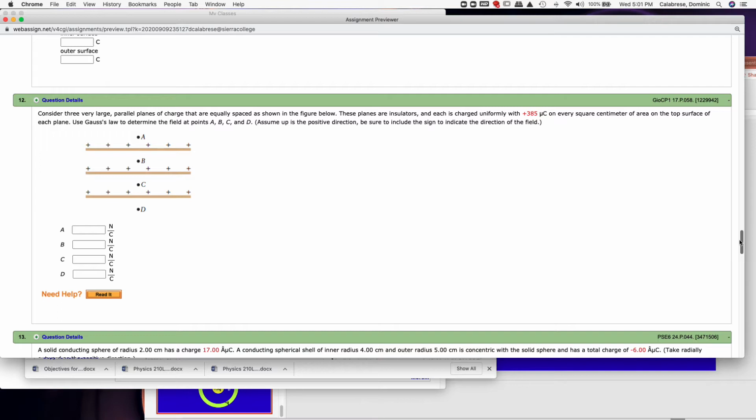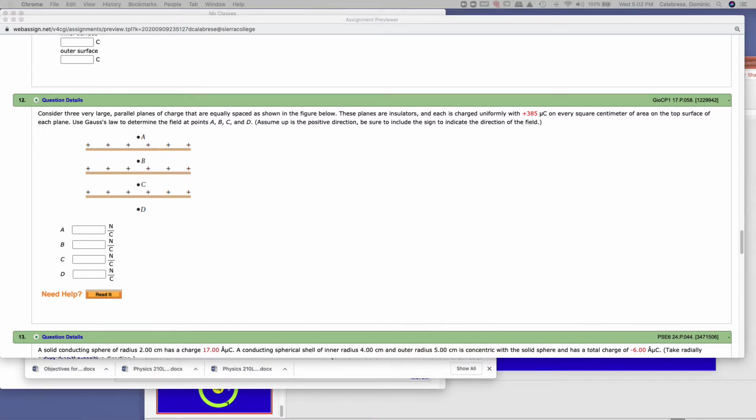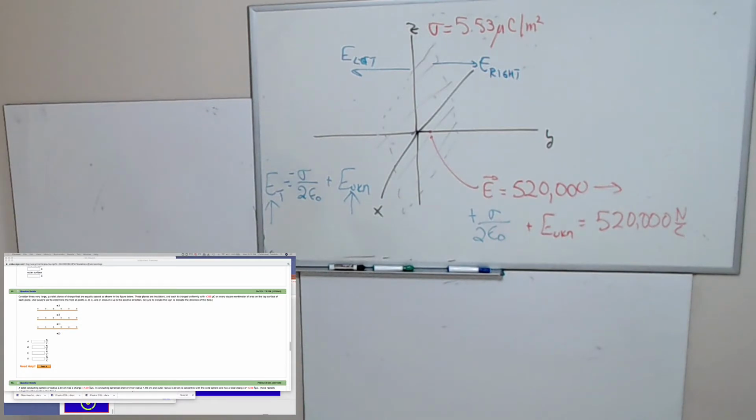Is this Zoom video okay? Or still blurry? Okay. Let me try to do number 12, and hopefully the video that I put on YouTube will be better.